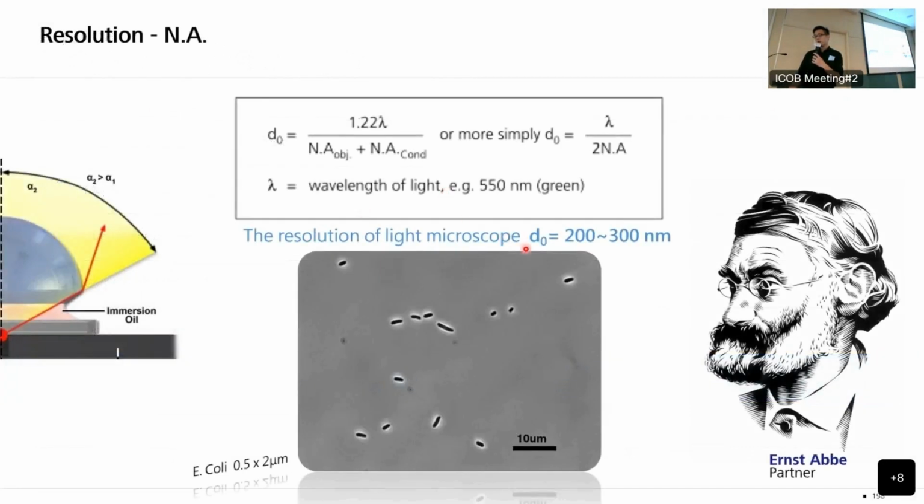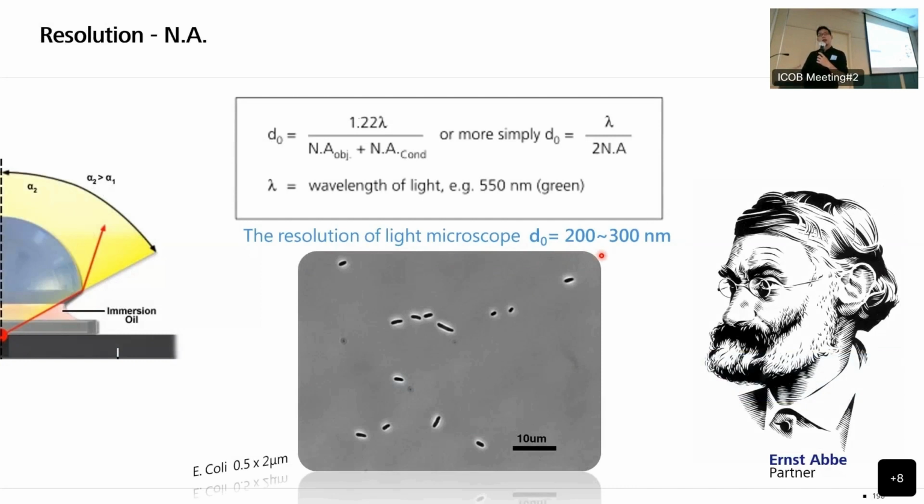We mentioned the resolution limitation is around 200 to 300 nanometers, depending on your wavelength. If we use the blue light or the purple light, we may have higher resolution, but the value is still quite large for researchers.